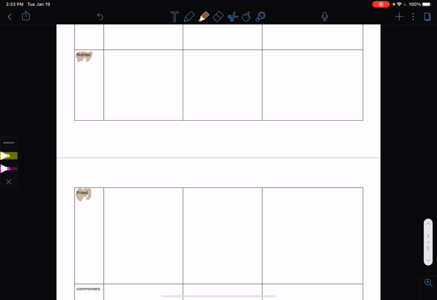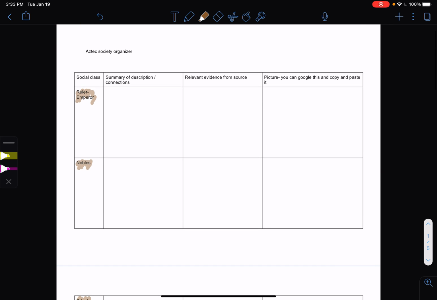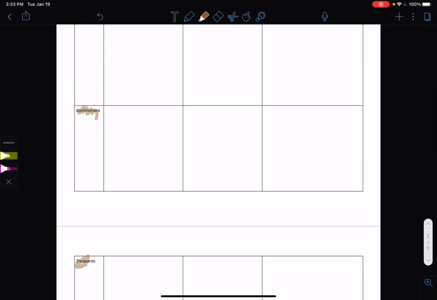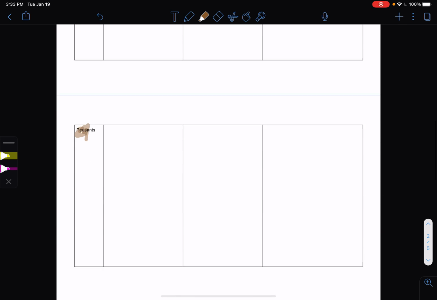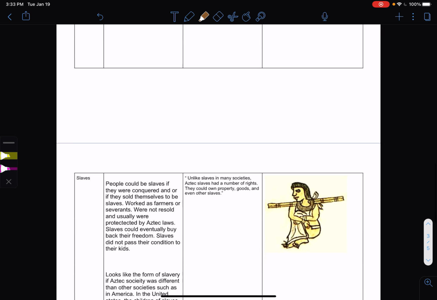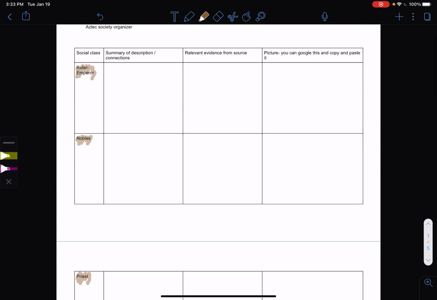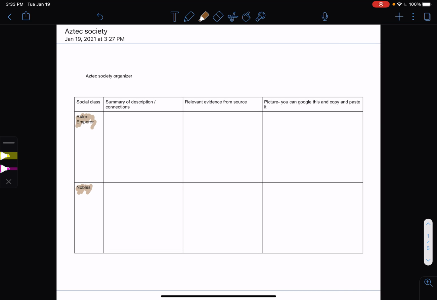And then you have the priests. These are in order, by the way. So the rulers are at the very top, and then you have the commoners. Below the commoners, you have the peasants, and at the bottom of the social classes, you have the slaves. Slavery is different in the Aztec civilization than in other major civilizations, and you'll see that in a second.